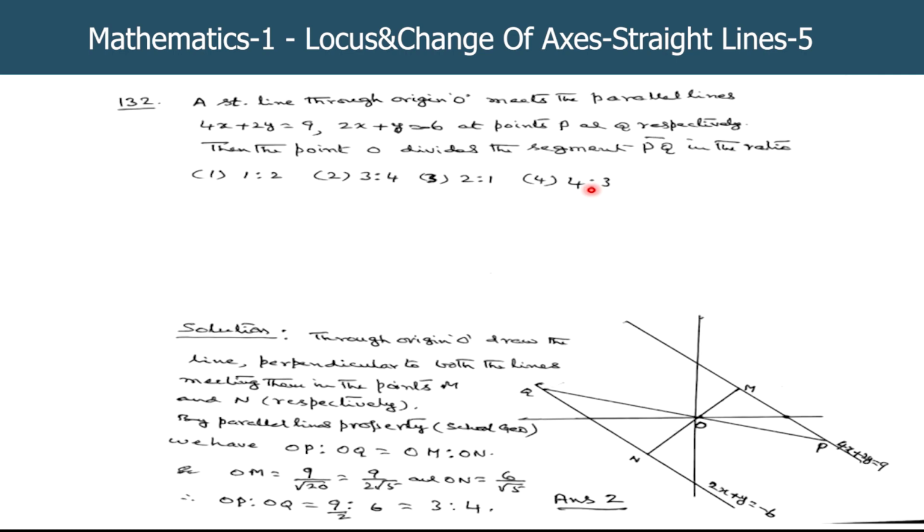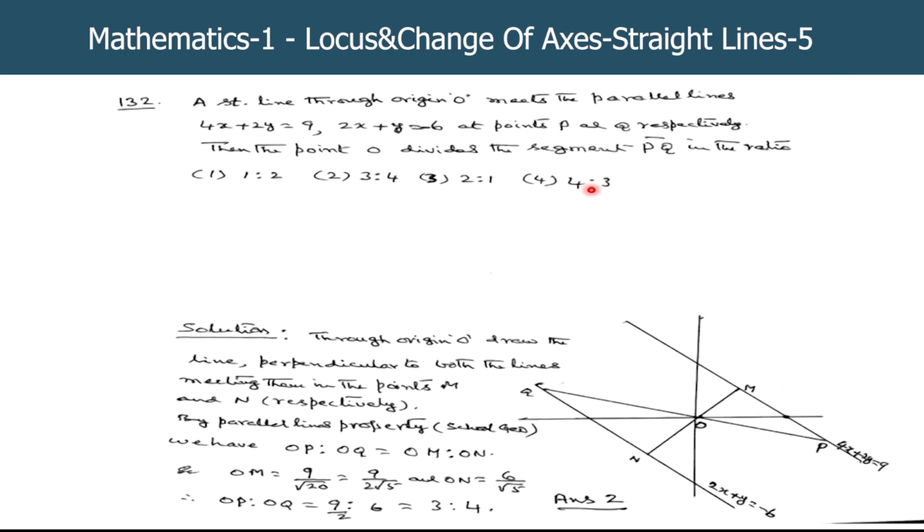And you know that in elementary geometry, in the 8th class itself, for any two parallel lines, if a transversal cuts them, the ratio of the intercepts made on those parallel lines is always constant. Whatever two transversals you take, that you have studied.